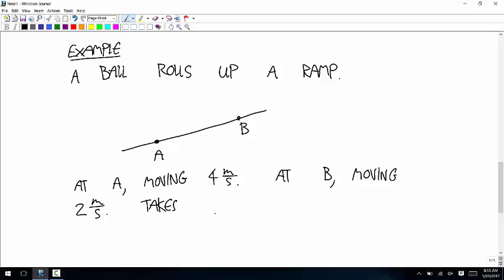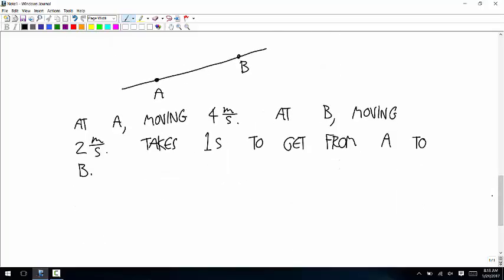And it takes 1 second to get from A to B. So first, how far apart are A and B?